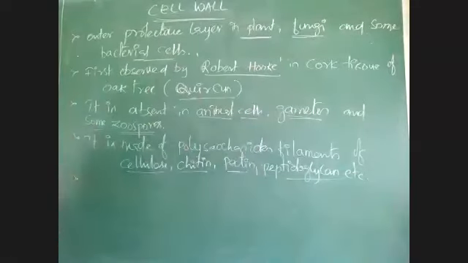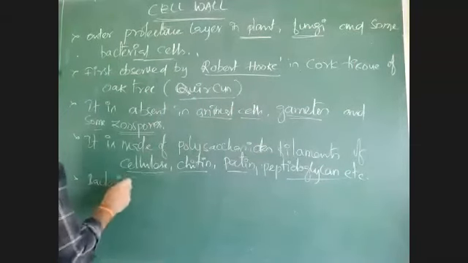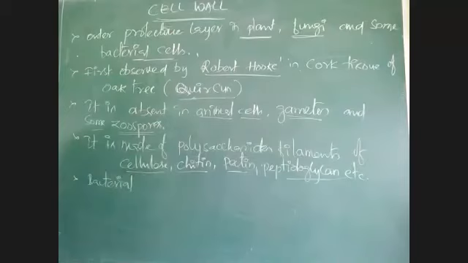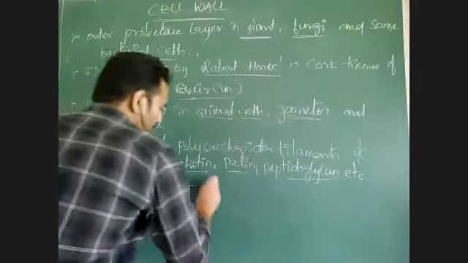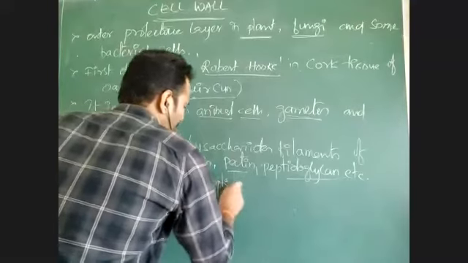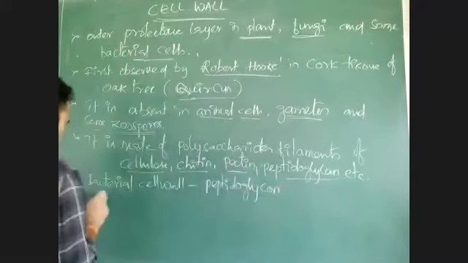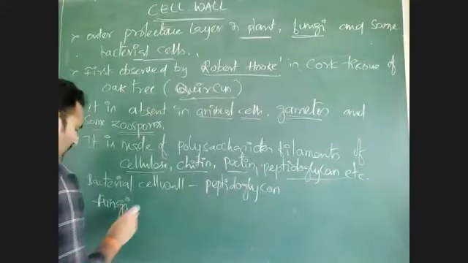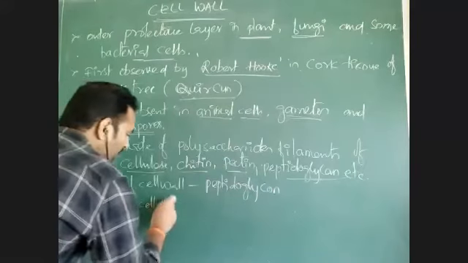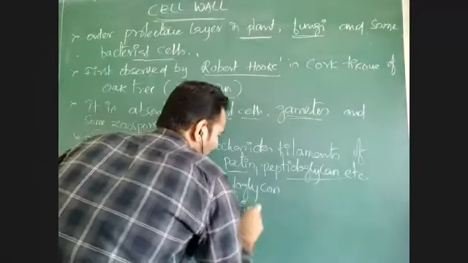See here, the bacterial cell. A bacterial cell means a prokaryotic cell. The bacterial cell wall is made up of peptidoglycan. The fungal cell wall is made up of chitin.